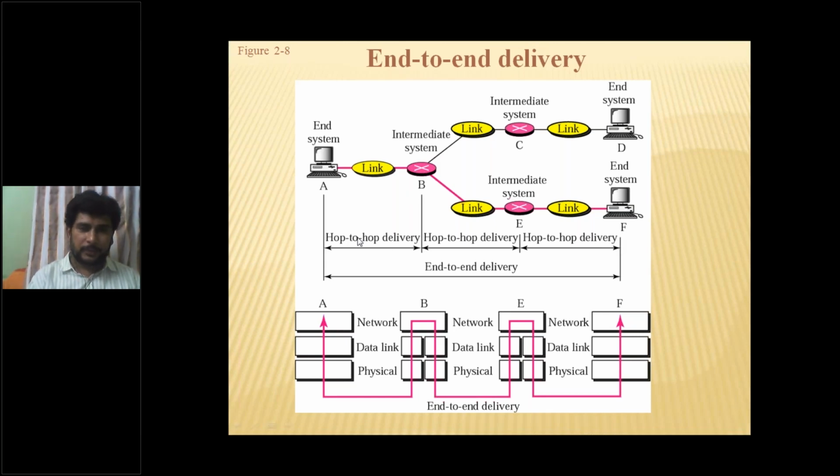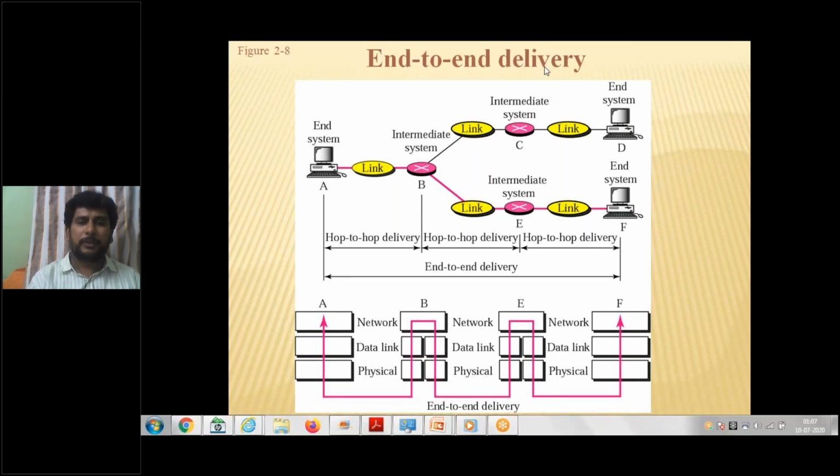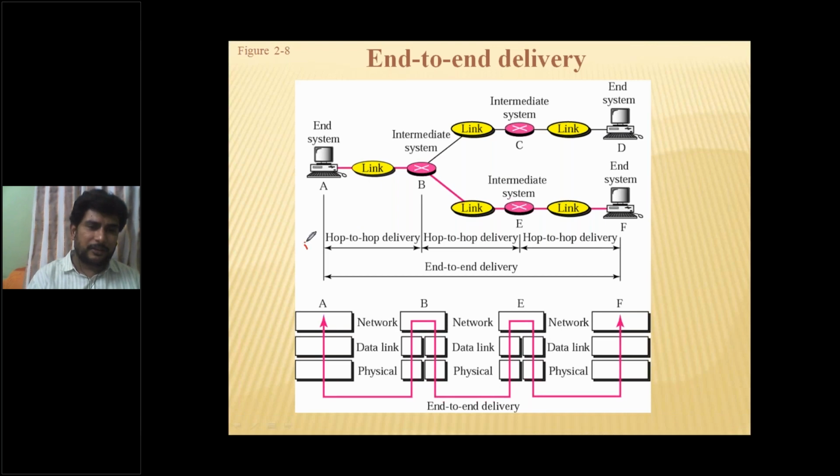Hop-to-hop delivery between two adjacent nodes is carried out by the data link layer, and the end-to-end delivery is taken care of by the network layer. DLL will be taking care of hop-to-hop, and the network layer ensures end-to-end delivery. I hope I'm clear with this.